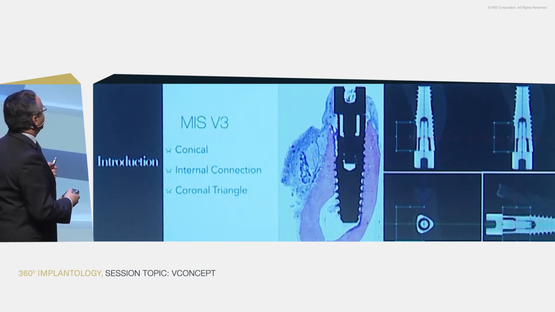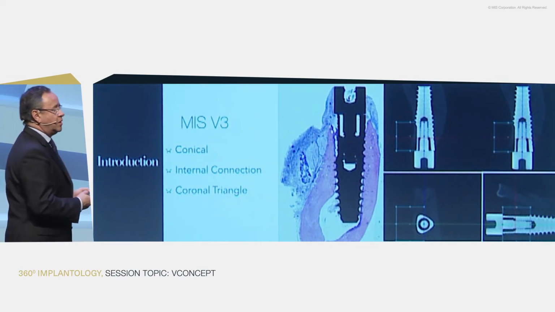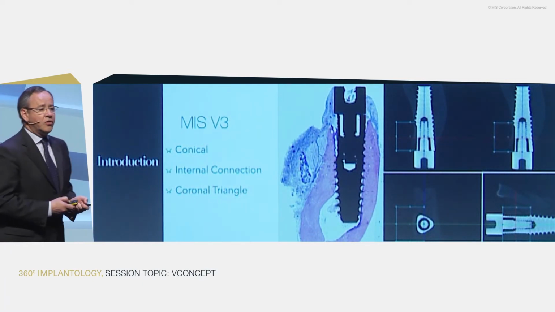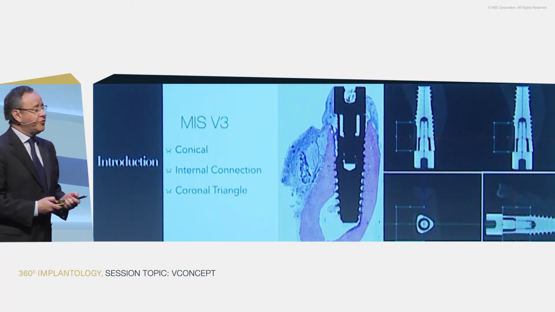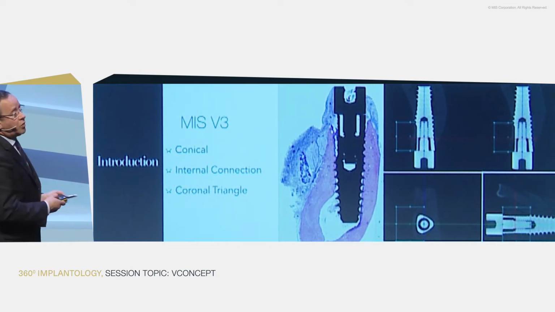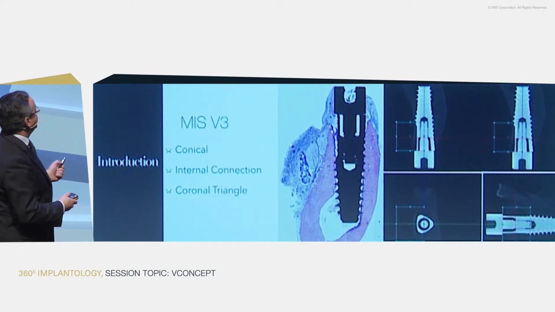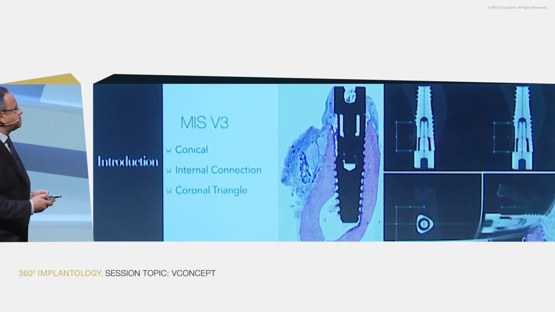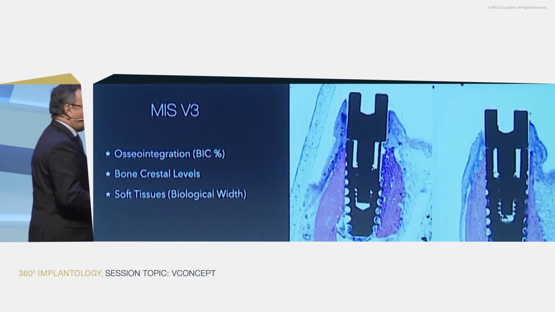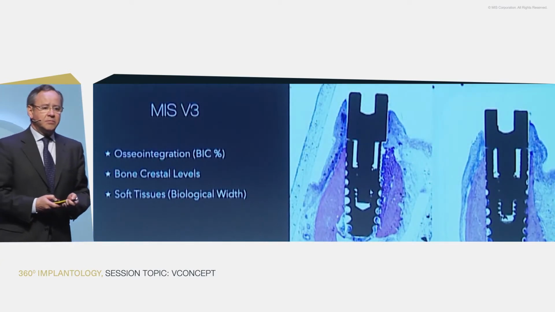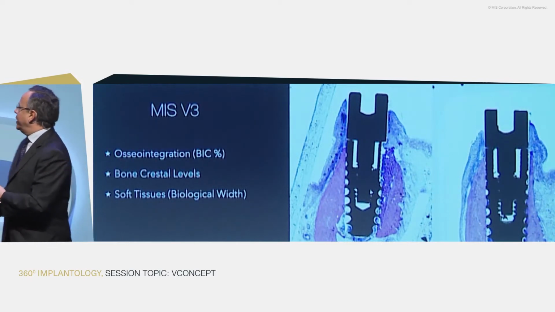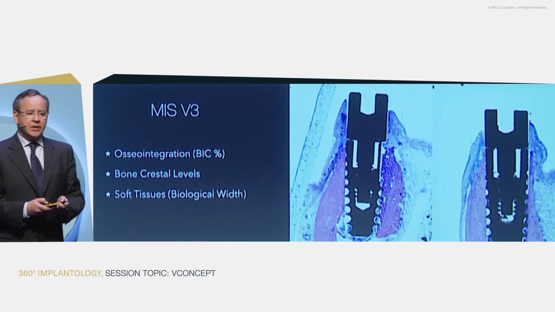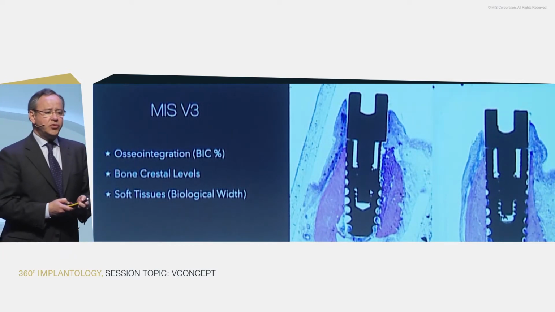We have, again, tried to understand what it means to have this coronal triangle, which is, of course, the main innovation of this system, that otherwise has an internal connection and a conical implant design. When looking at the histological outcomes of this concept, again, we have looked at these different outcome parameters that I would like to present to you.